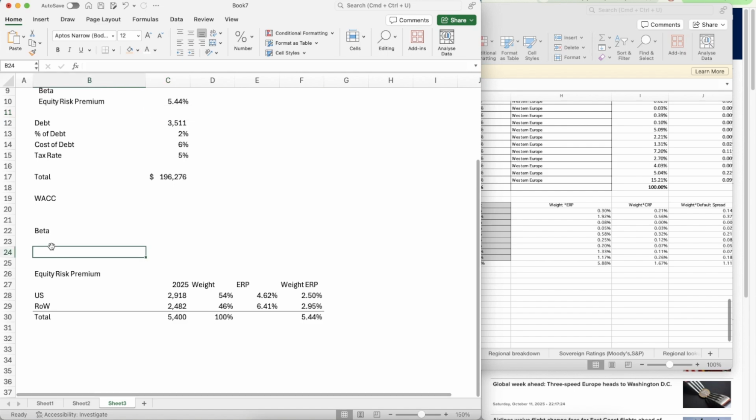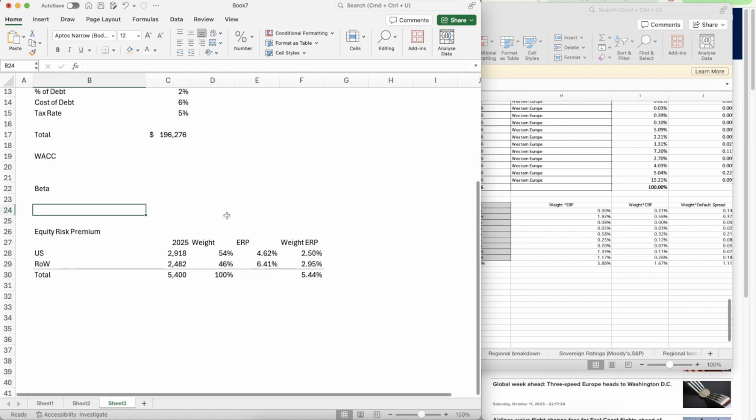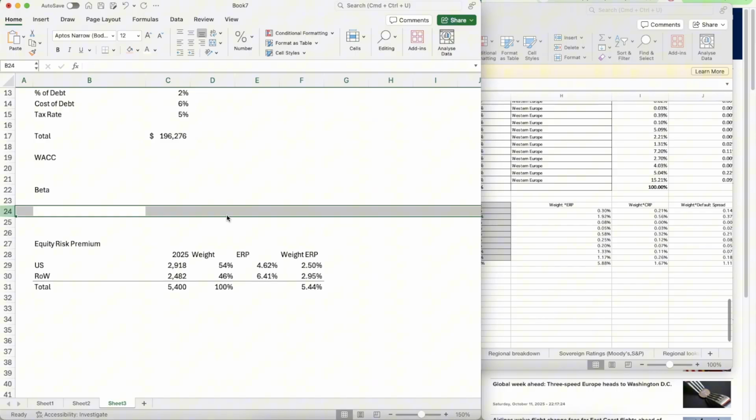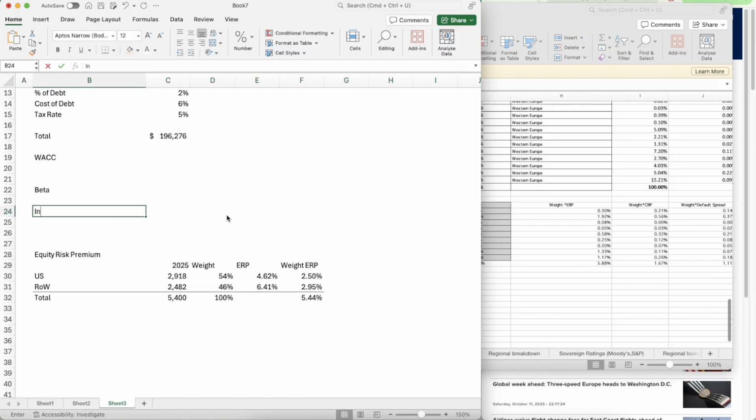Now for the beta. What do we need for this? We need the industry. We're going to say advertising.